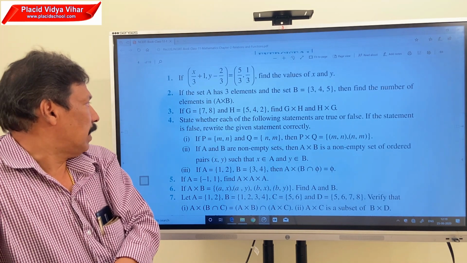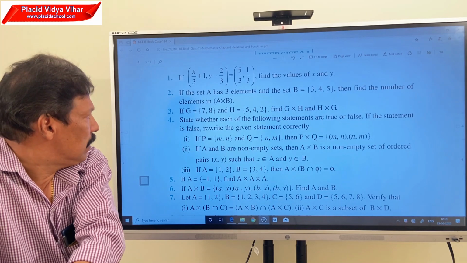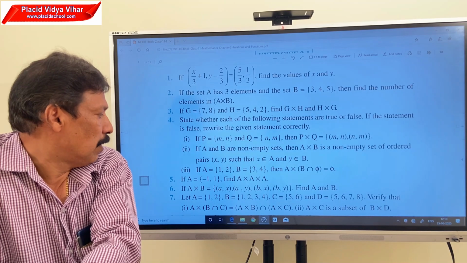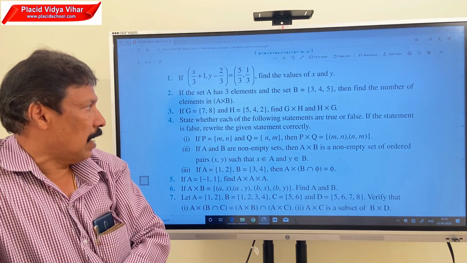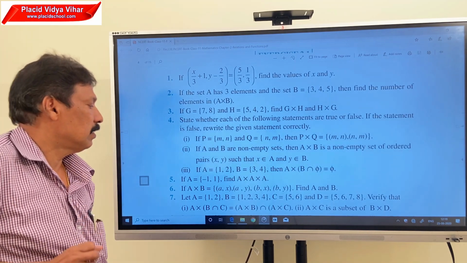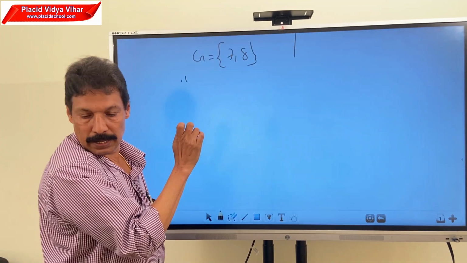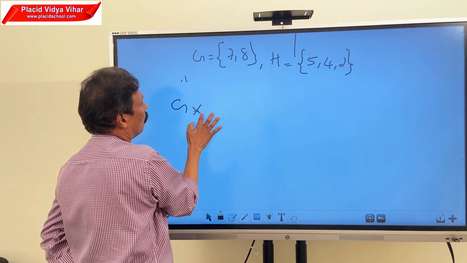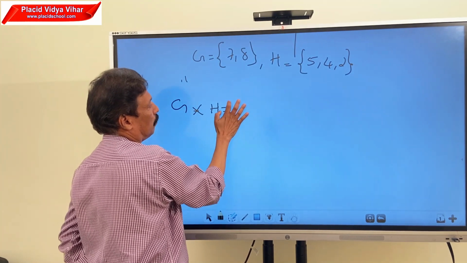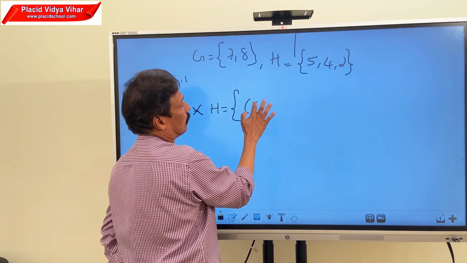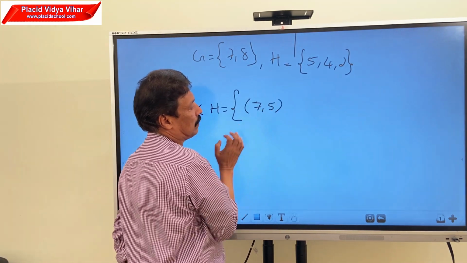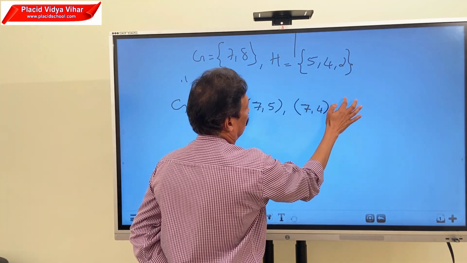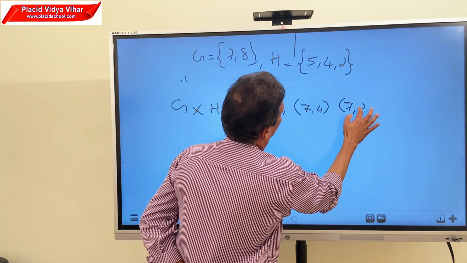Then again, our third question: if G equals the set {7, 8} and H equals the set {5, 4, 2}, find G cross H and H cross G. G equals {7, 8}, H equals {5, 4, 2}, then G cross H equals the set of ordered pairs (7, 5), the first entry from G and the second from H. Then (7, 4), then (7, 2).